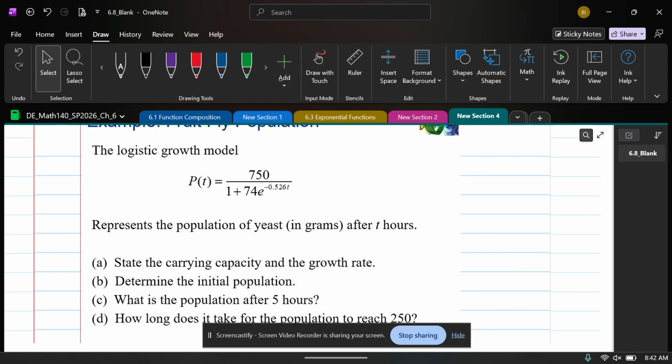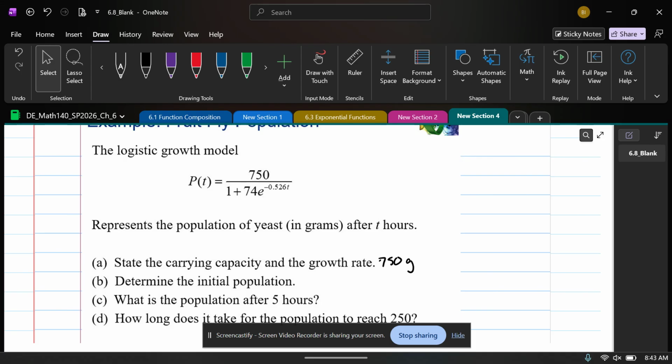We're talking about yeast, if you bake bread and all that fun stuff. 750 grams of it is the carrying capacity for that particular environment, whether it's the amount of water you put the yeast in, or the bread you're putting it into, whatever it is, it's 750 grams. That's your carrying capacity. So take the carrying capacity, 750 grams.